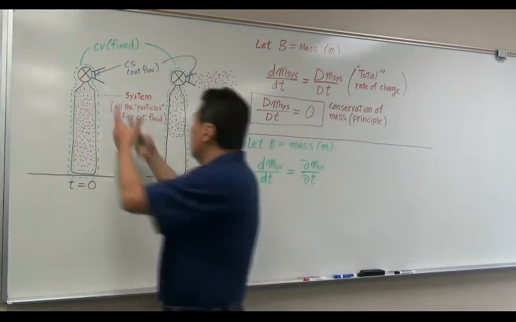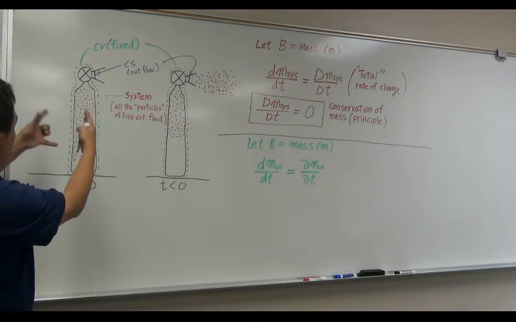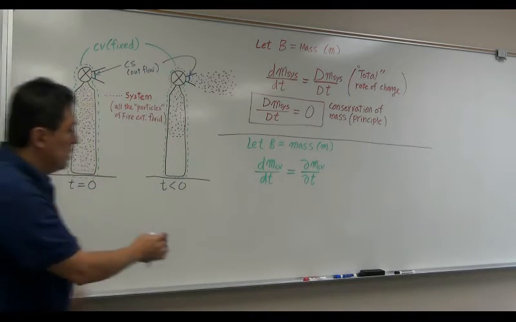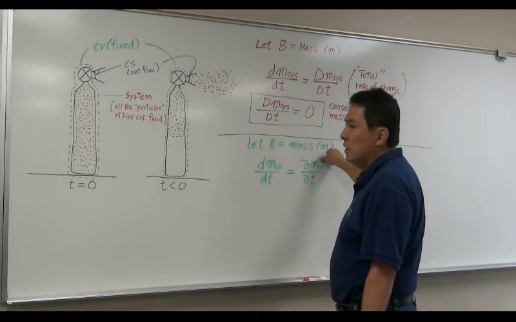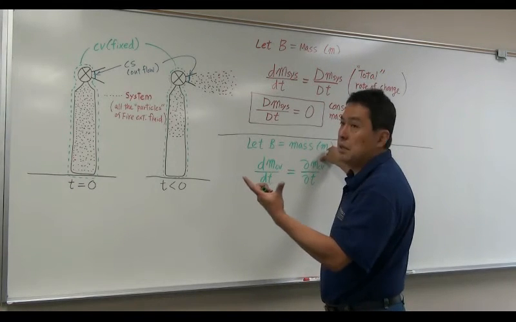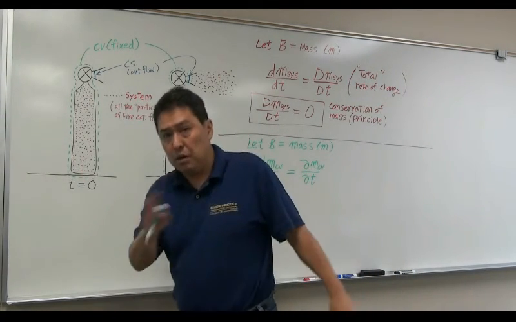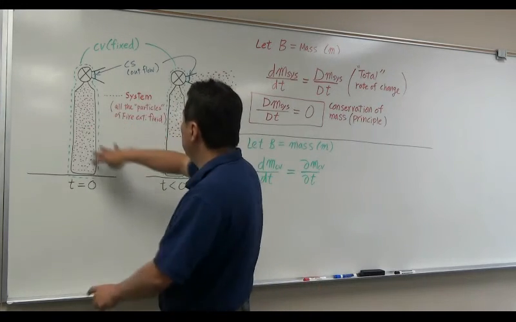We are not going to look at the different location. We are only fixing the property, in this case mass, within this control volume only over time. So this is a partial derivative. We do know the property depends on two things, time and space, but we're not going to talk about space change. Only the time rate of change within the control volume. So as the time goes by, how much mass change happens within the control volume?